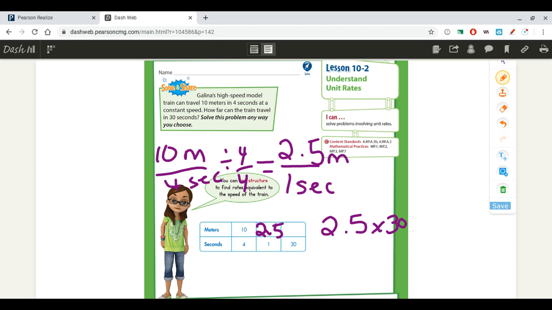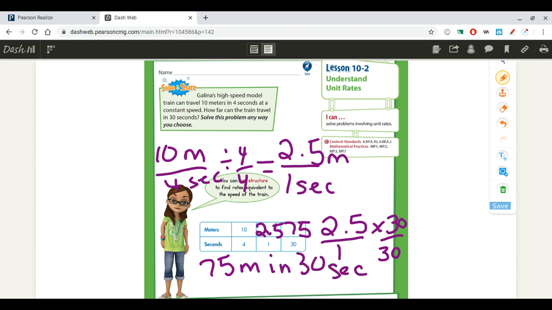And so when I multiply 2.5 by 30, because again, we're working in a rate, whenever I do the numerator, I have to do the denominator. So I multiply both 2.5 by 30 and 1 by 30. And when I do that, I end up with 75. And so she will travel 75 meters in 30 seconds.